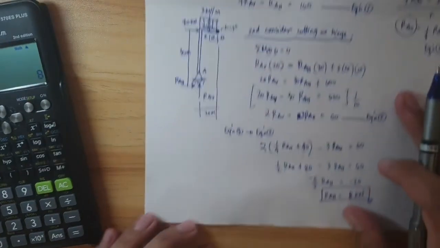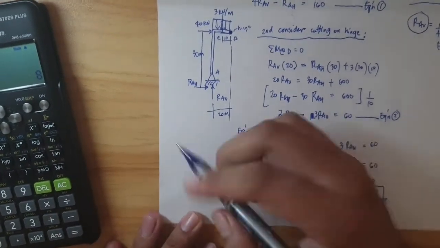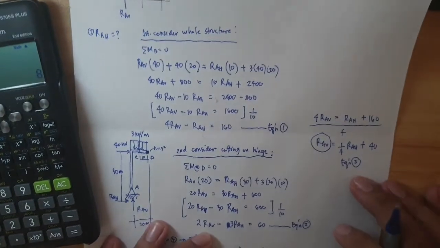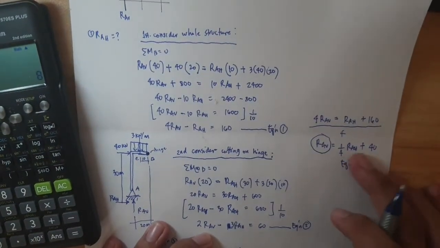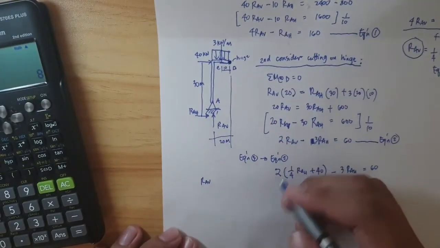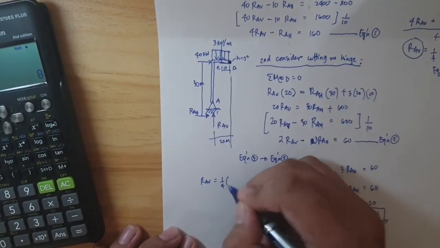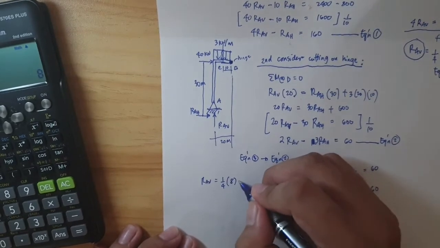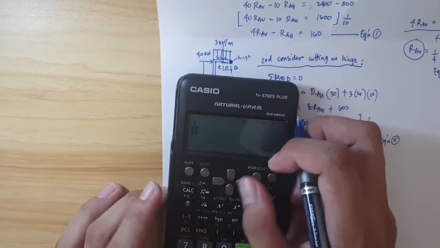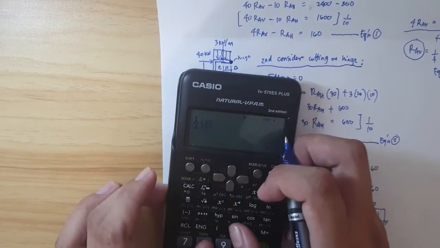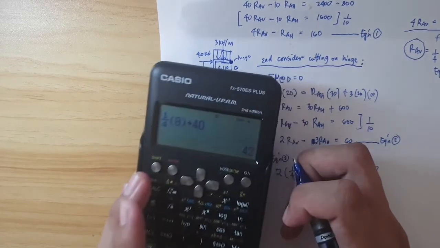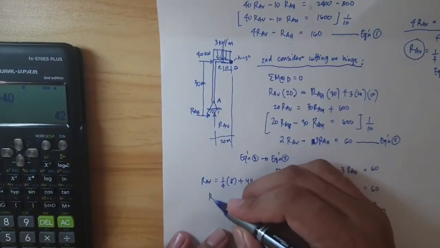Okay. So RAV from equation 3, 1/4 RAH plus 40, so that is 1/4 of 8 plus 40. That is 42.